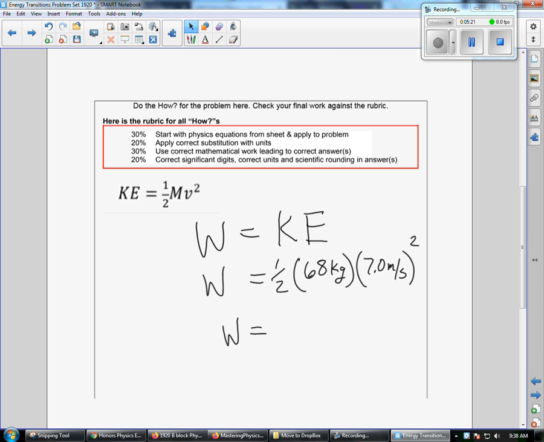And of course, 3 sig figs, and because I'm in kilograms and meters per second and everything, I'm going to end up with joules. So whatever that ends up being.